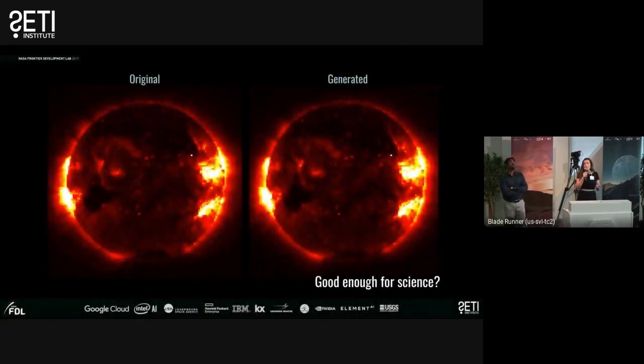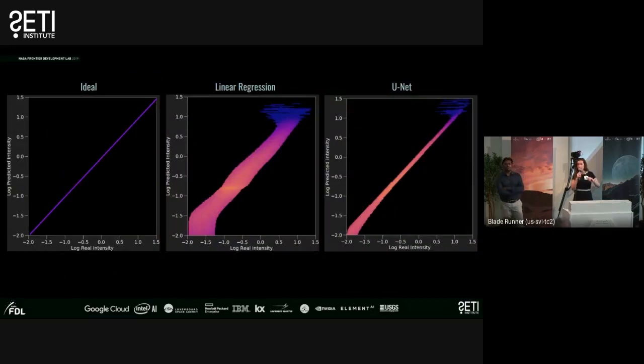These images really look the same, but what is good for the human eye often is not good for science, because the physics of the sun might be in the smallest detail of this image, in the faintest one. To address this concern and really evaluate how good we're doing, we look at the difference pixel by pixel of the generated images and the predicted images.